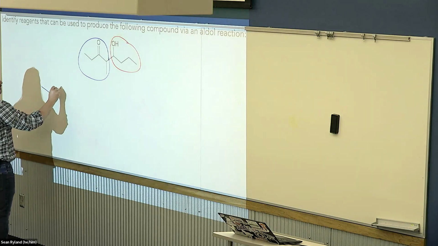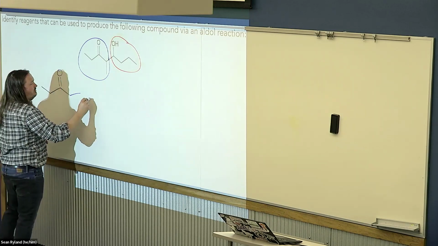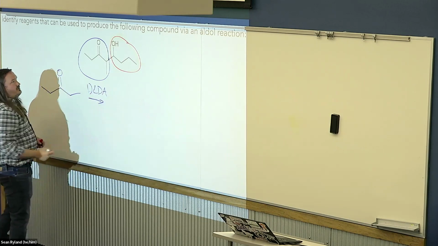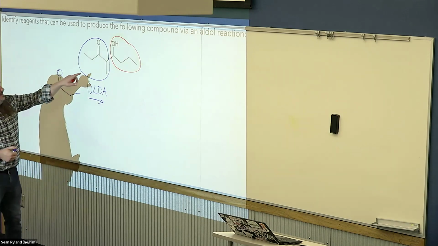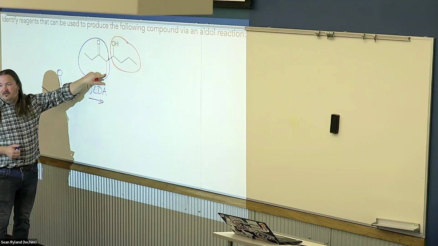So, our purple molecule, our reaction looked like this. Start with the piece that still has the carbonyl. And it still has to have that methyl attached to it, because that methyl had to be attached to something.